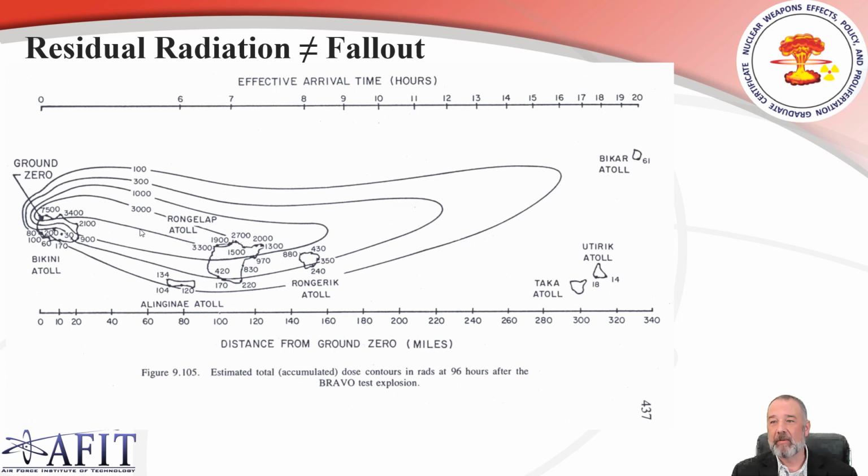But now as we look out, we have these very large contours where we have 3,000, 1,300 down to 100, and the 3,000 contour line pretty much overlaps with this atoll, which was apparently where the cloud actually moved.